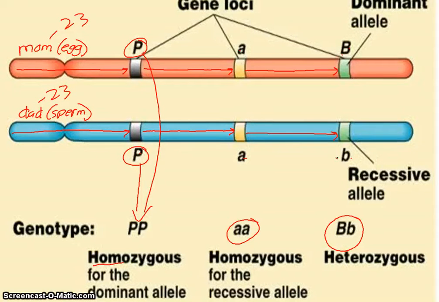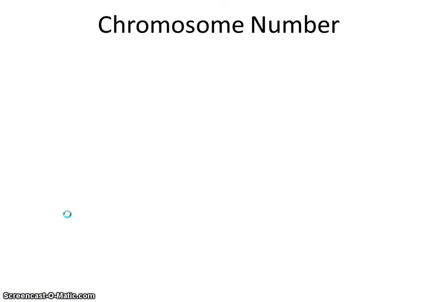These chromosomes are called homologous chromosomes. All right, you all know homologous. Homo means the same. So these have the same genes on them. But the alleles can be different. So that's what this idea of homologous chromosomes means.